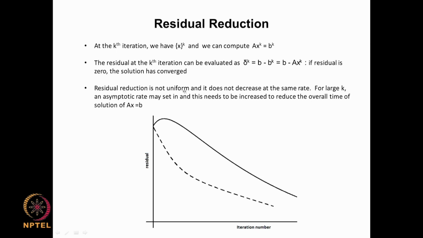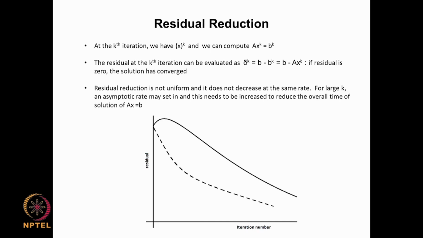Residual reduction is not uniform, it does not decrease at the same rate along with iteration number, but one can do some mathematics and say that it is governed by the eigenvalues of the iteration matrix, and these eigenvalues are going to be some large and some small.